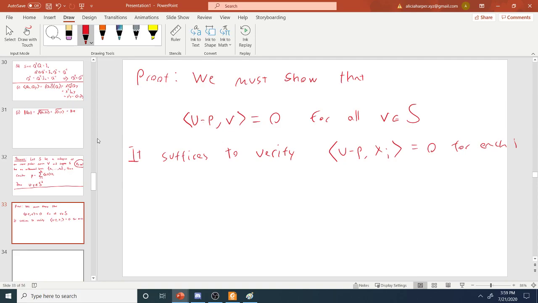So, in order to do this, let's consider what our expression looks like. u minus p is the same thing as u minus the sum from i equals 1 to k of the inner product of u with xi. Actually, I'm going to use my summing index to be j here. And then it's multiplied with xj, and then I'm taking the inner product of this whole thing with xi.